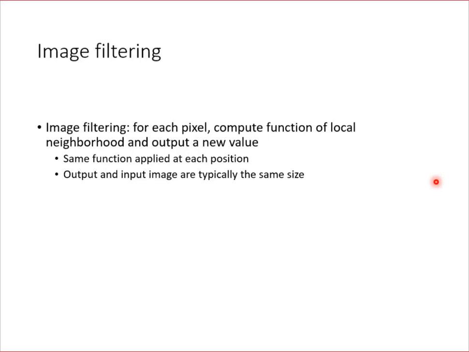So filtering is a very basic approach to deal with visual data. It can be used for, say, denoising, finding some signals from the images, or just enhancing the image.